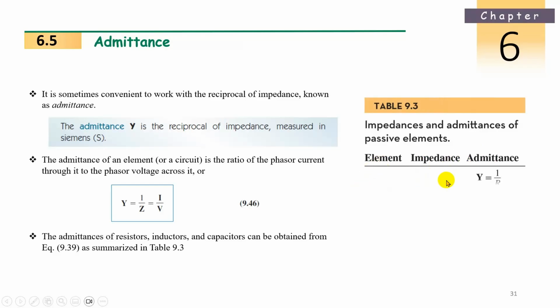For resistance, Z is equal to R, and Y is equal to 1 by R. For pure inductance, Z is j omega L, then Y becomes 1 by j omega L. For capacitance it is reversed: Z is 1 by j omega C and Y is j omega C. These are all pure forms of resistance, inductance and capacitance.